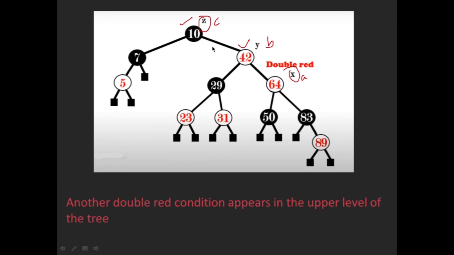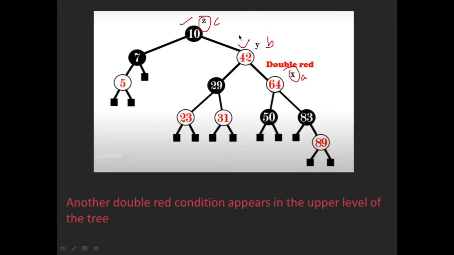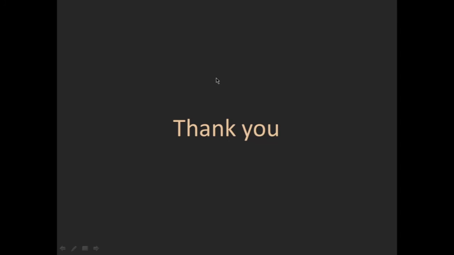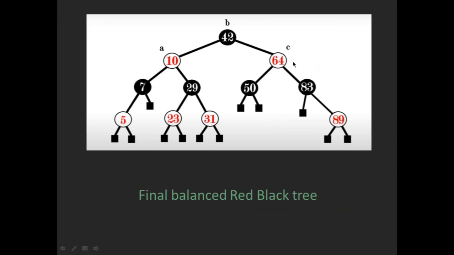This 10 takes the place of this 42. So this child subtree of 42 becomes the child subtree of 10. So this tree comes in this place, and the child of 42 was 64, and this was the subtree attached to it, and so that is the thing that is over here.